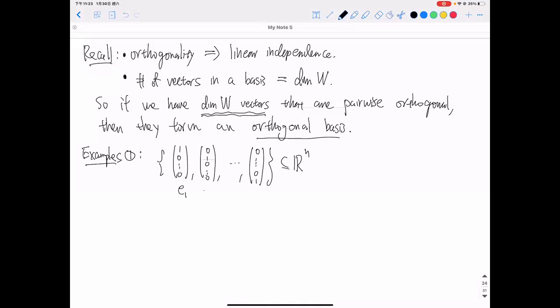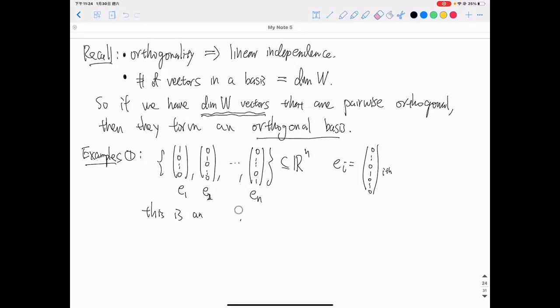And we know these guys, the e_i's, as vectors in Rn, they form a basis of Rn. e_i is, as you recall, the vector with the ith entry being 1 and 0 everywhere else. We've seen that it's orthogonal, and we already knew it's a basis. So this is an orthogonal basis.